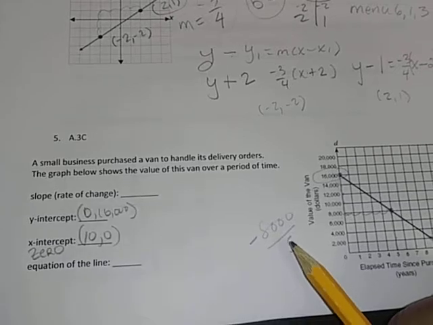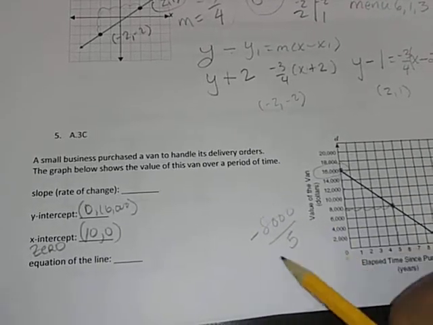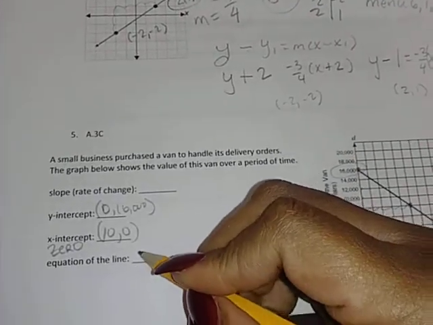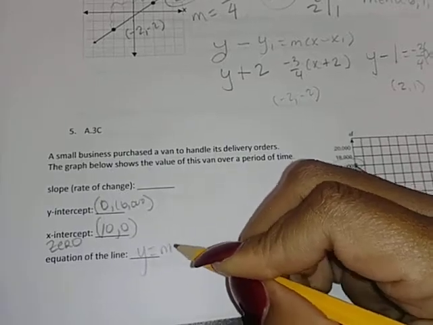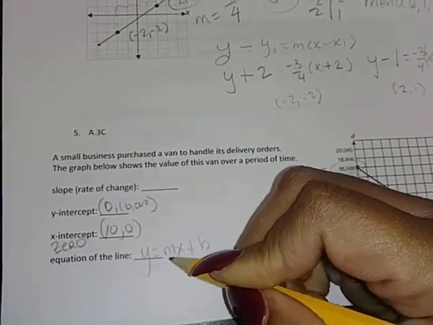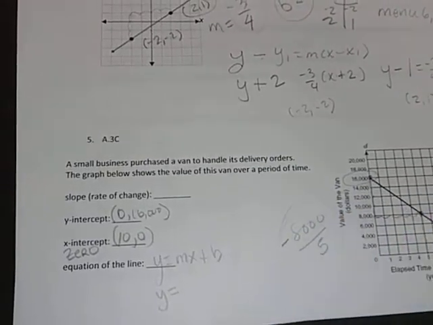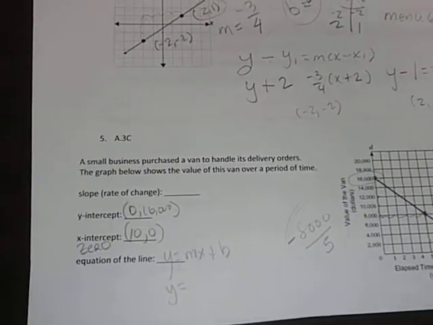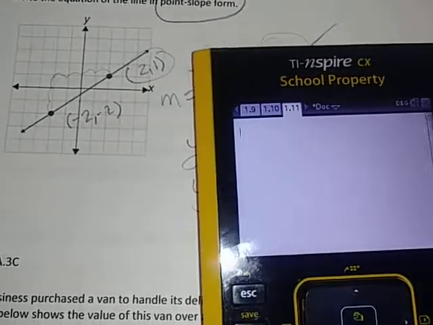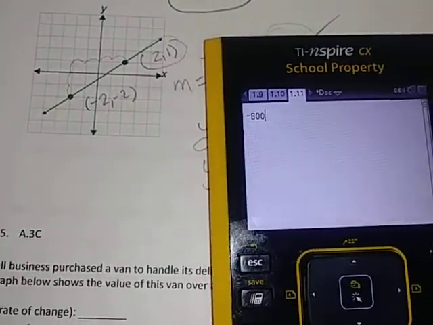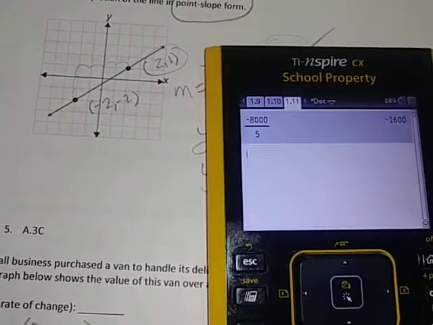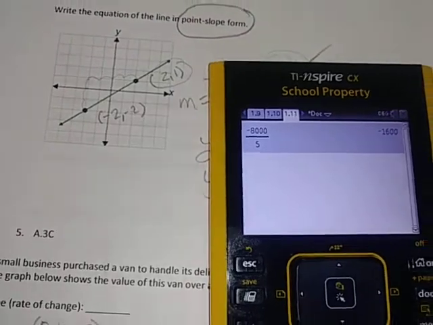I need the equation of the line. Well, this is the slope. And if I write the equation of the line, I'm going to plug in my m and my b. Ooh, let's reduce that. Negative 1,600.